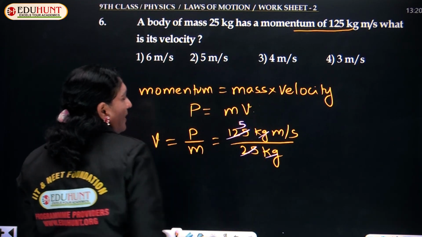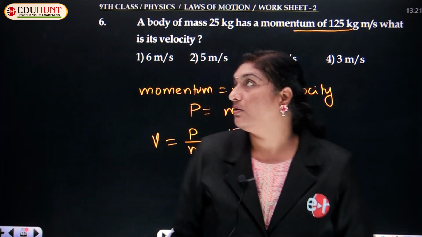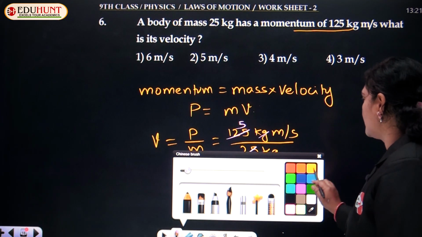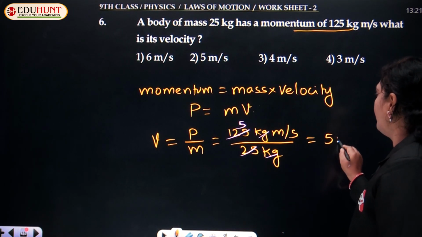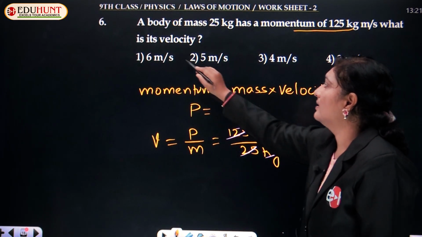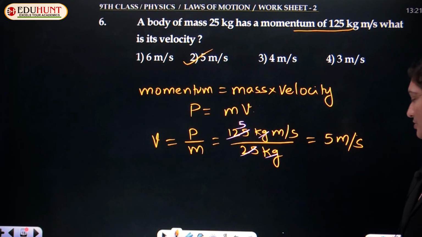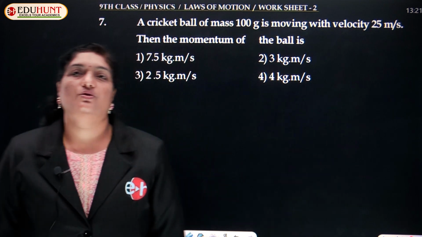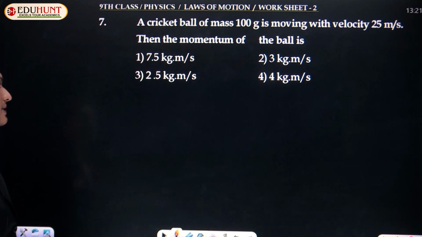Hence, the velocity of the body is given as how much, children? It is 5 meter per second. So option 2 must be true. Hope you understood this. So let us move to the next question, question number 7.